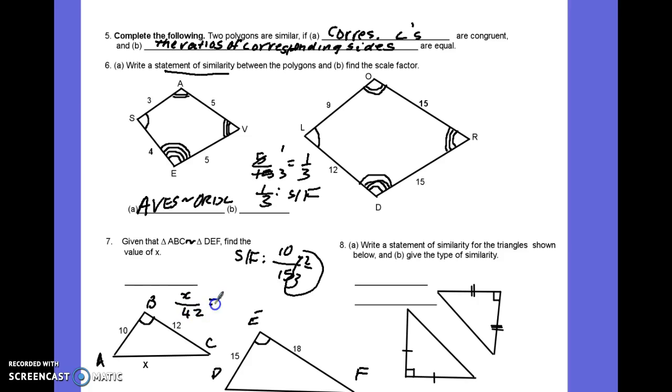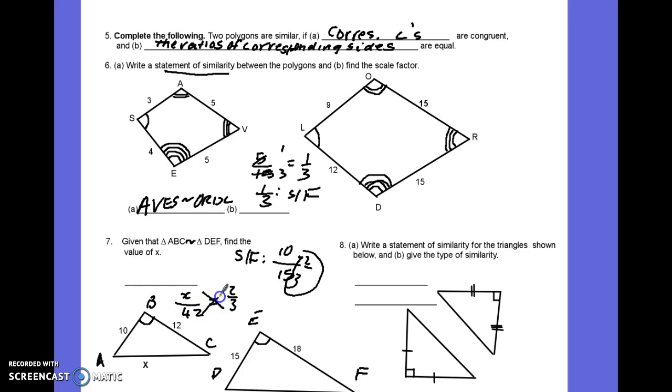And that's going to be equal to either 2/3 or 3/2. What do you think? I hope you said 2/3 like this. Why? Because x is in the numerator and x is the smaller of these two. X comes from the smaller figure. So x over 42 is equal to 2/3.